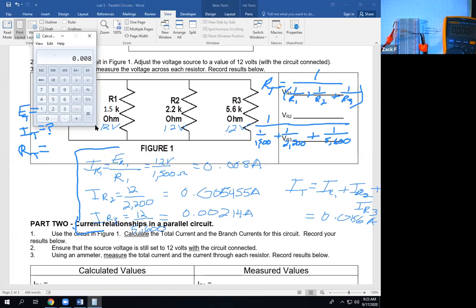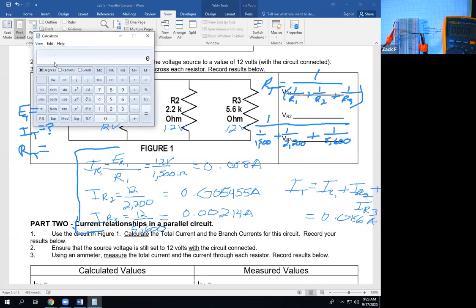We don't have any parentheses on this. 1 divided by parentheses 1 divided by 1500 parentheses, oh, backspace, damn it. Start over.